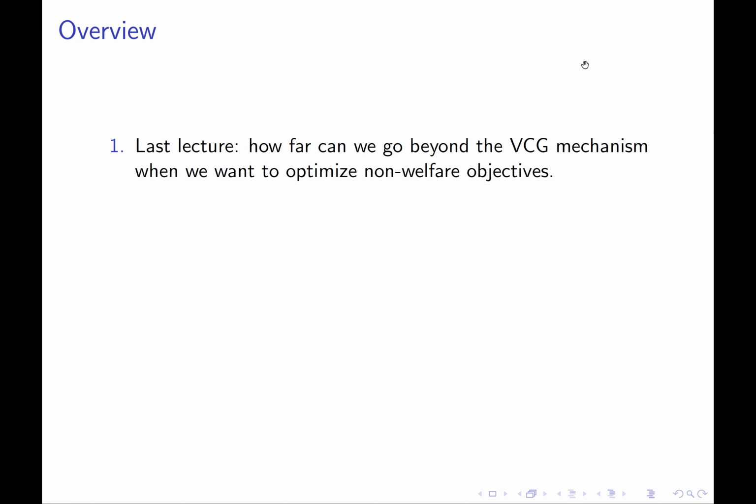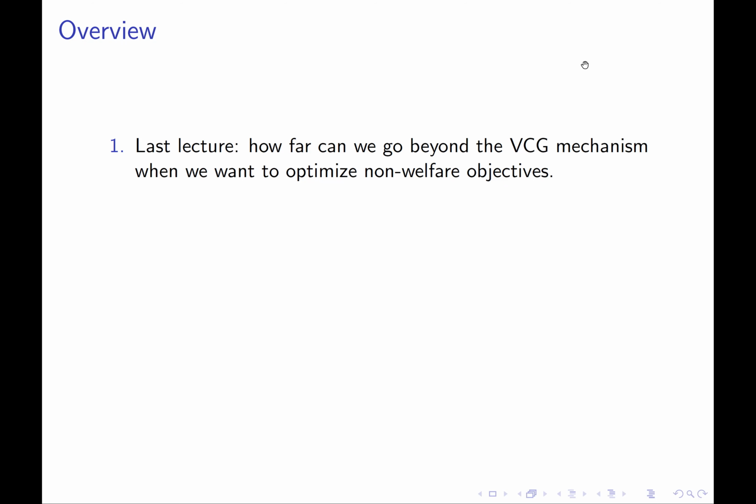But last class, we addressed one of the things that was left to be desired by the VCG mechanism, which was that really it was tailor-made to maximize social welfare, right? Some player happiness.